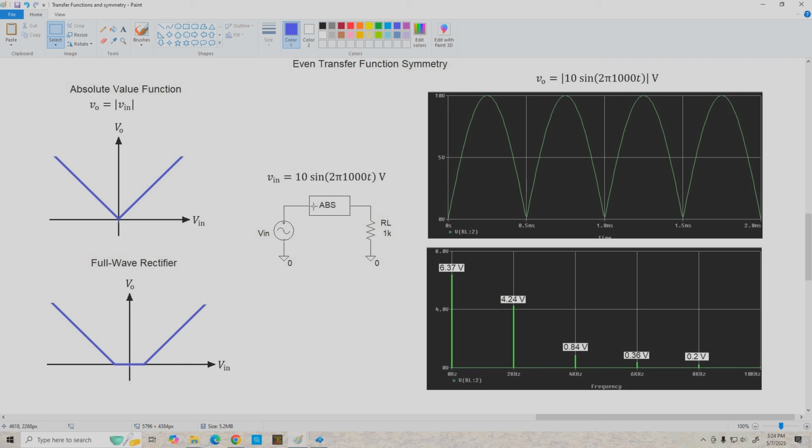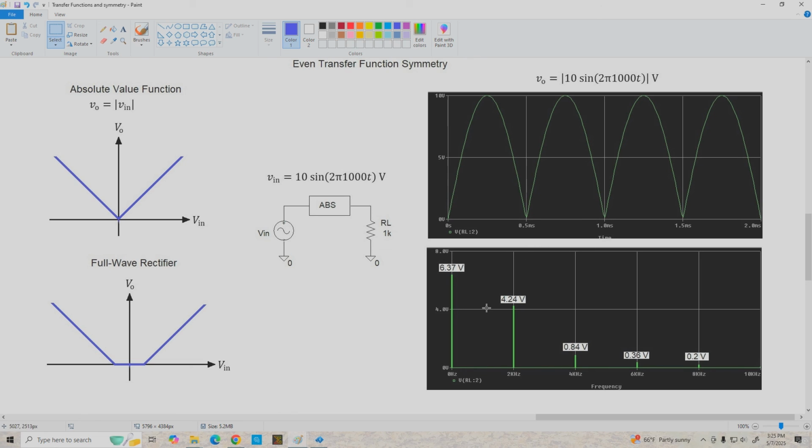But over here I've got a PSpice representation for the absolute value function, and if we apply an input sine wave, 10 sine 2 pi 1000 t volts, this is the output that we get, and of course it looks like a full wave rectified sinusoid that we've seen many times before.